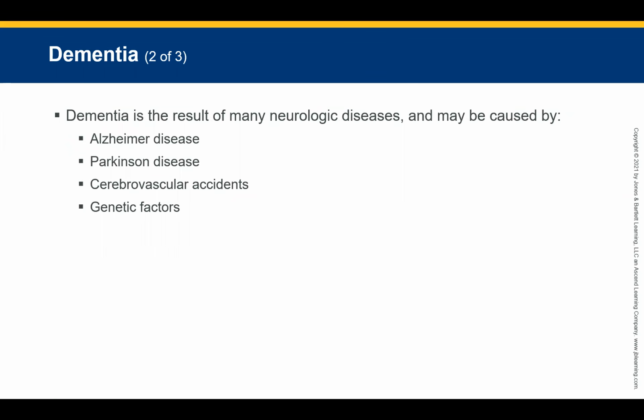Determine the patient's normal mental status by questioning family members or friends. Evaluate history, risk factors, and current medications that may be causing these things. You can say, is this Mr. John's normal response when he answers questions? Is this how he normally responds? And they say, no, that's why we called you.